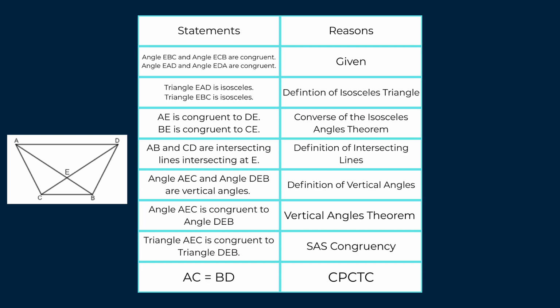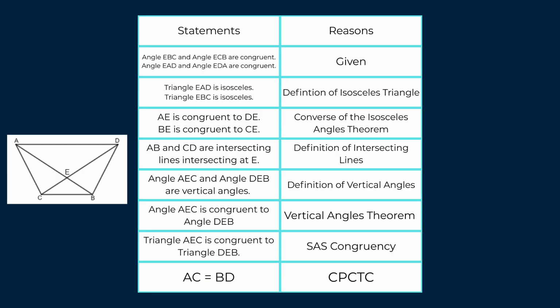The converse of the isosceles angles theorem is true, and so we can use it in proofs. If you want, you can go back to the triangle basics where I discussed isosceles triangles, and try to make a two-column proof of that for yourself. But all you need to know for this lesson is that the converse is true, and therefore we can prove that AE is equal to DE and BE is congruent to CE.